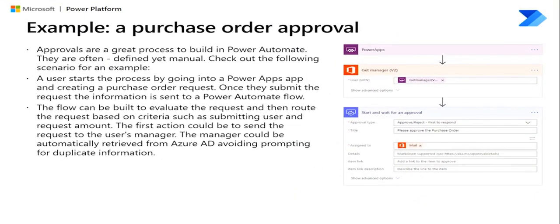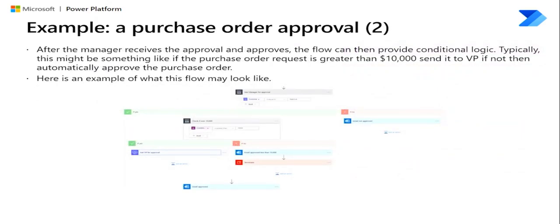In the example on the right, we can see that it will be routed to the user's manager, which is automatically retrieved from Azure Active Directory. So once we have our request from our employee, then it's routed to our manager, and here we have some options. We can see on the right, if the manager does not approve the request, then the requester is just going to get an email.